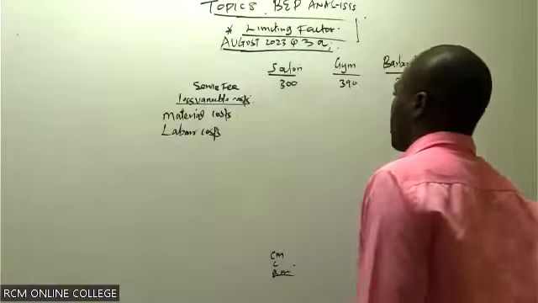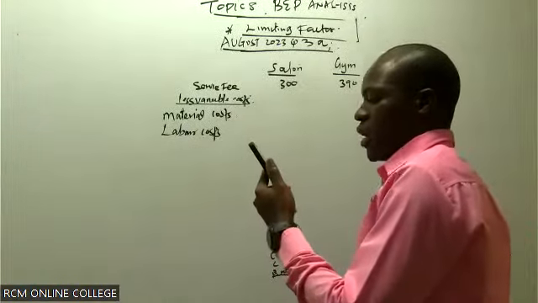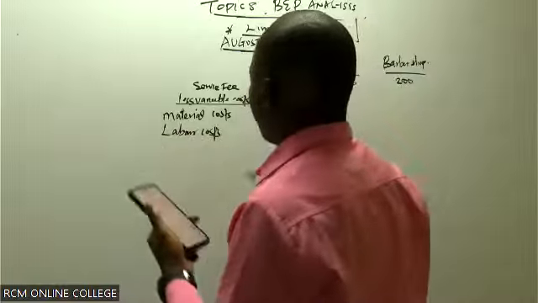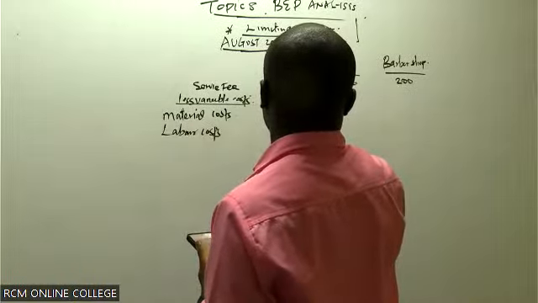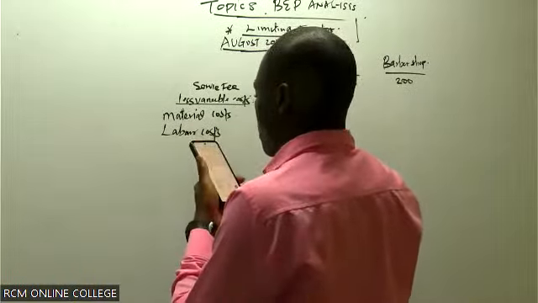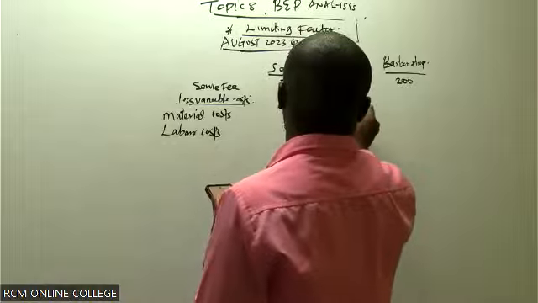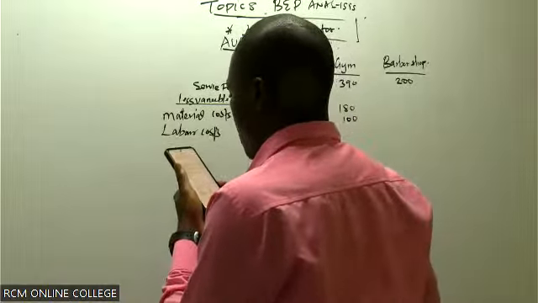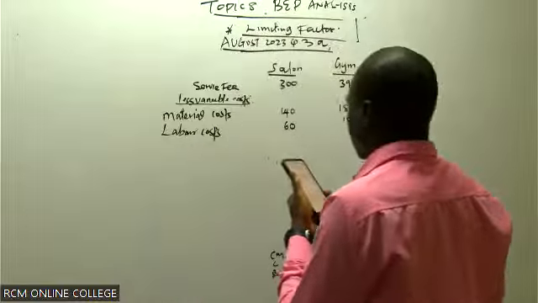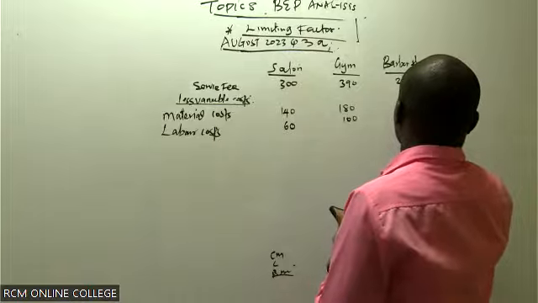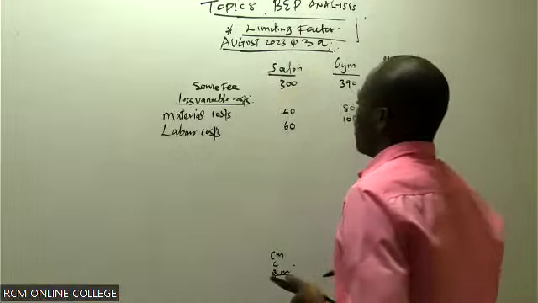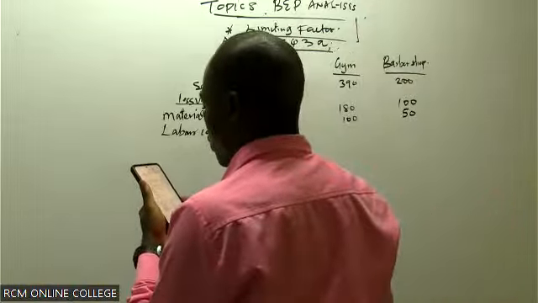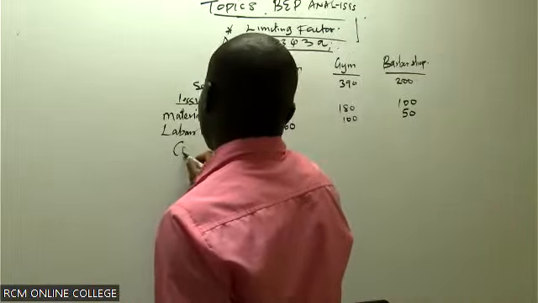We know that they are variable. Now, our variable material cost is 140, 60. We have 180, 100. We have 150. If that is done, we are going to get what we call contribution.